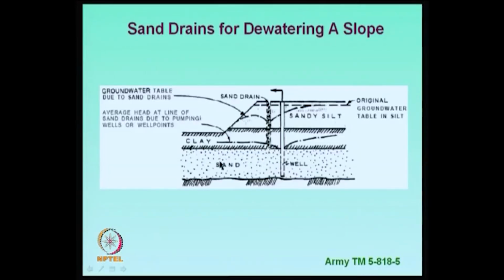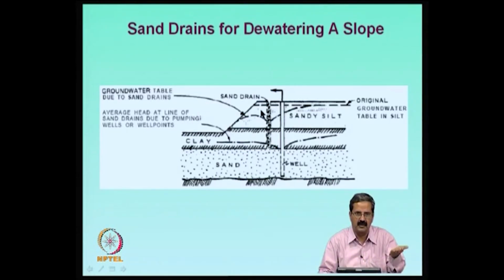When he looked at it, he saw that there was a permeable stratum like this, a sandy layer about 10 meters down. Imagine that this is an area close to a bus stand, where there was water logging because of the presence of the groundwater table close to the ground surface.